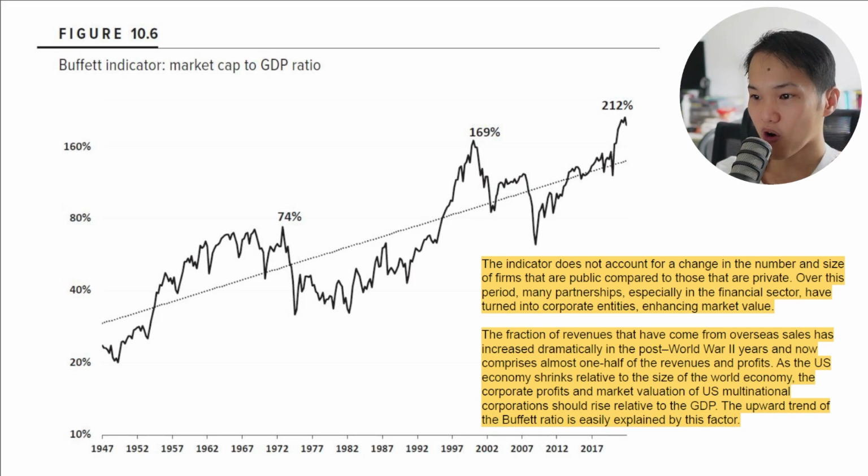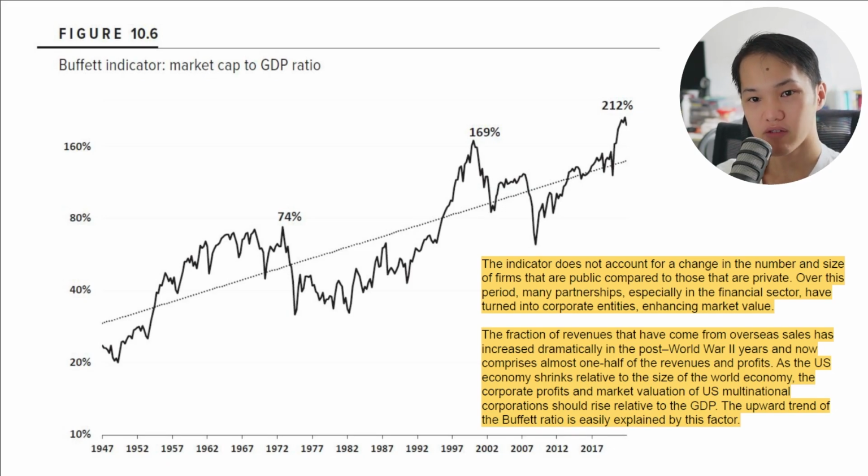And then the second point, which I think is more important, is that the market cap is the worth of all the companies. These companies include Apple, Microsoft, and so on. And there are more and more revenues and earnings contributed by sources outside of the US. Say, Microsoft sells their software to the world, Apple sells their iPhones to the world.